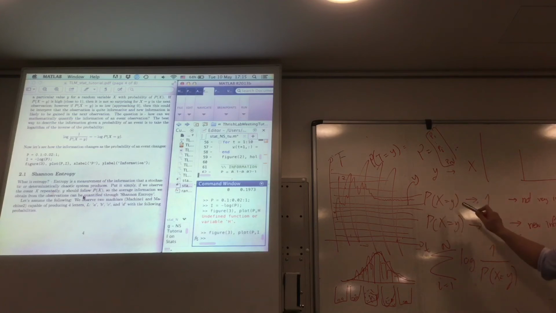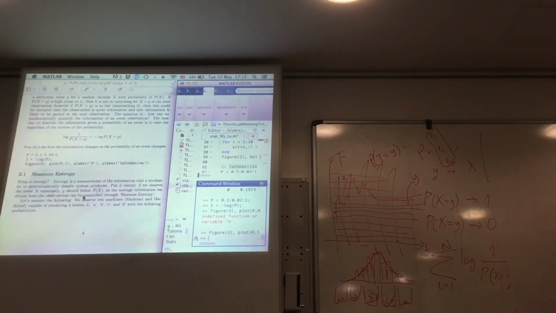So we want to find the average information obtained when we observe this repeatedly or continuously. This is what we call channel entropy. I'll slowly derive the formula of channel entropy. It is really important and has a beautiful form.